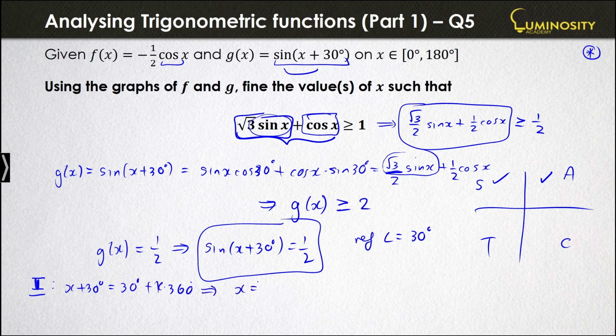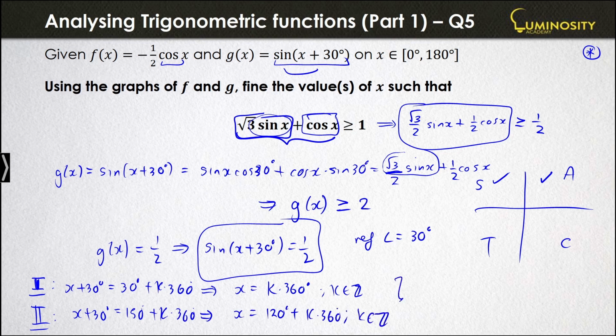So if I subtract 30 degrees on both sides, I get k times 360 degrees. And then in the second quadrant, I must have the angle x plus 30 degrees equals 180 minus the reference, which is 150, plus k times 360 degrees. So subtracting 30 degrees on both sides, I get 120 degrees plus k times 360.